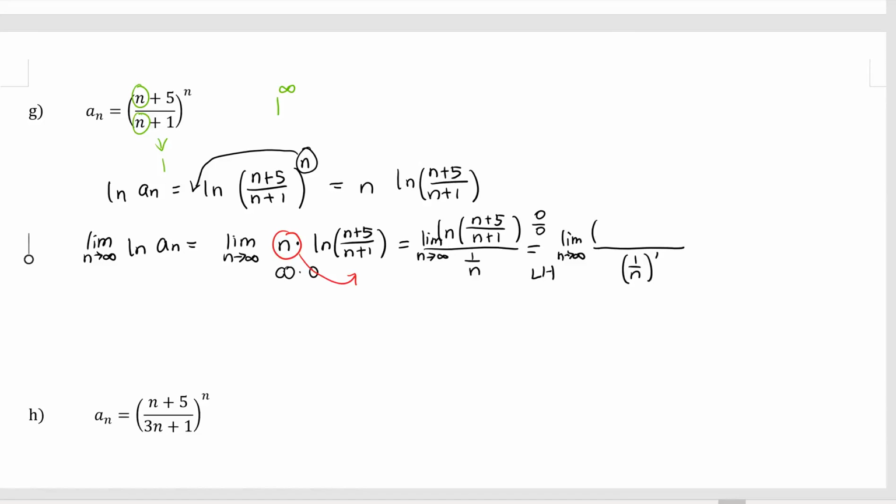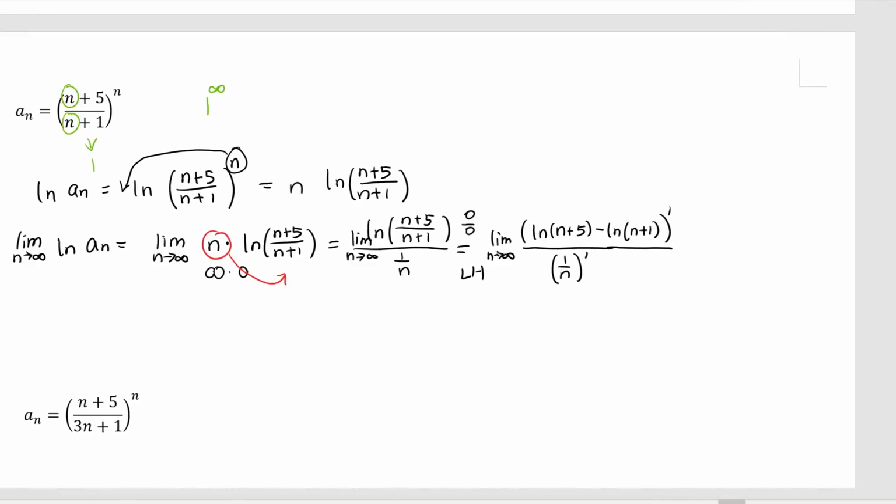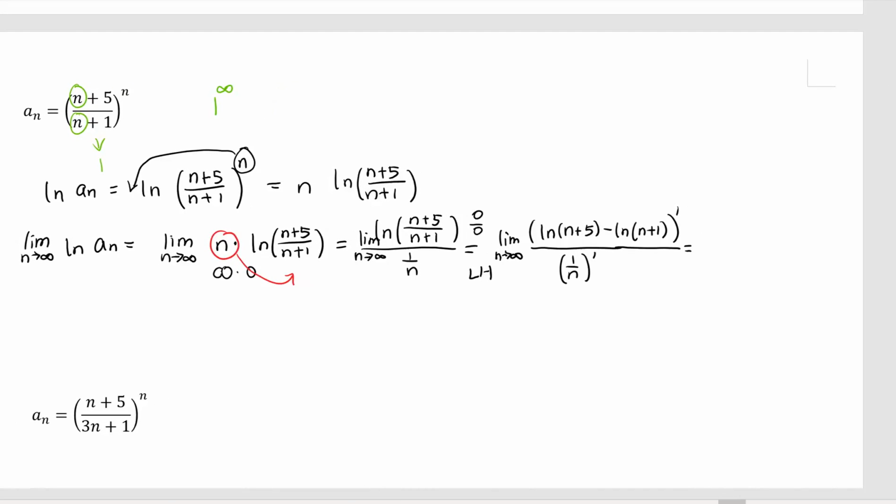So one way to avoid that is to recognize this giant guy to be ln of (n plus 5) minus ln of (n plus 1). This is a property of natural log, and it helps us to avoid the quotient rule. So what's the derivative of ln of (n plus 5)?